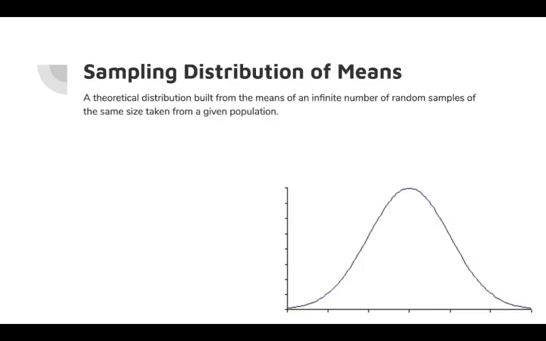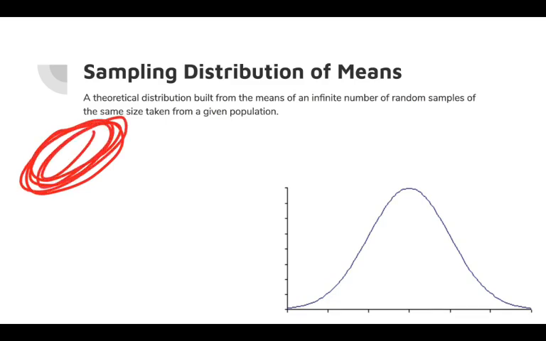So the sampling distribution of means. Okay, so back to this idea. Here's my population again. And this sampling distribution of means, this is an important concept. So there's the population, and I reach in and I take my green sample. So I pull 50 randomly throughout the population, and there's my green sample.